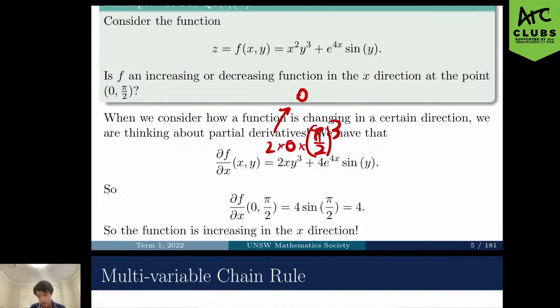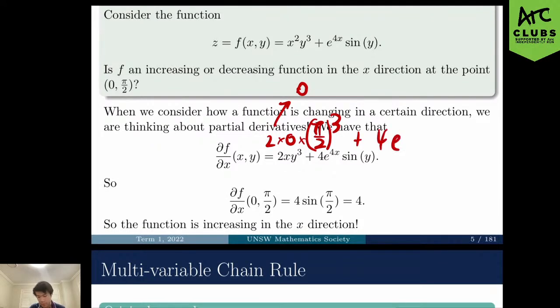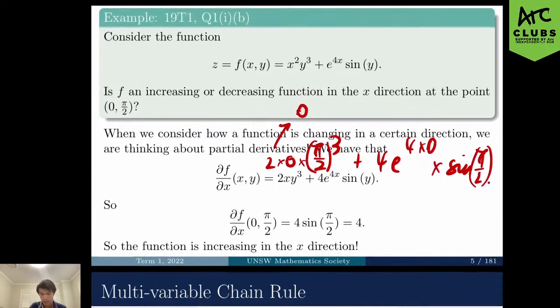And then plus 4 times e to the 4 times 0, times sine pi on 2. It looks like a confusing question, but it's really just about evaluating these partial derivatives, and we end up getting 4. It has the same interpretation as a single variable derivative: if it's positive, it's increasing.